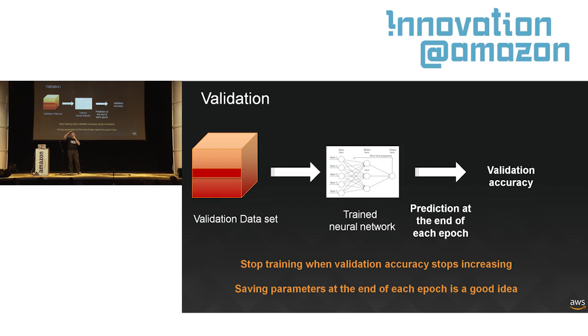But if it starts to go down at some point, it means we're overfitting, right? And training accuracy could still go up because we're adapting too well to those training samples. But actually on other samples, we see accuracy going down. And this is when we should stop training, okay?